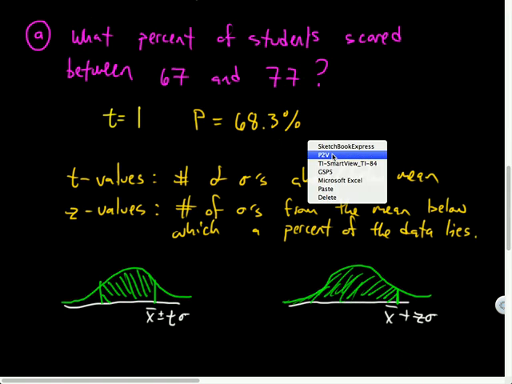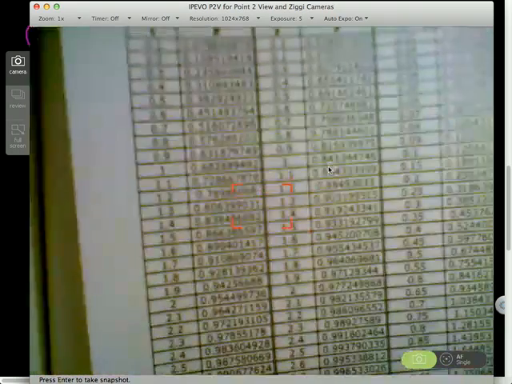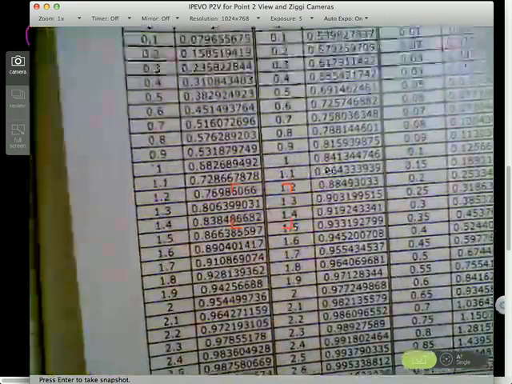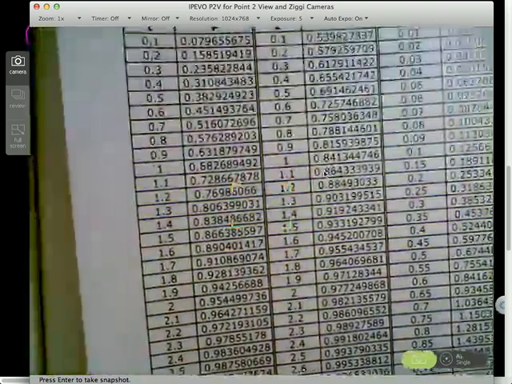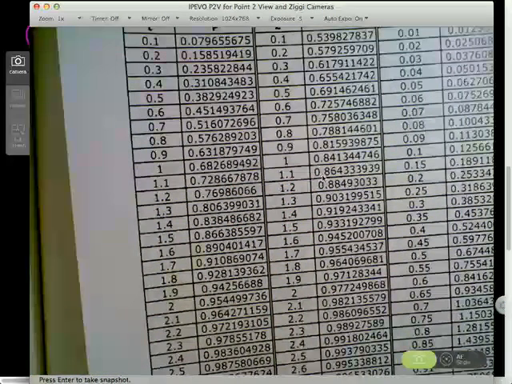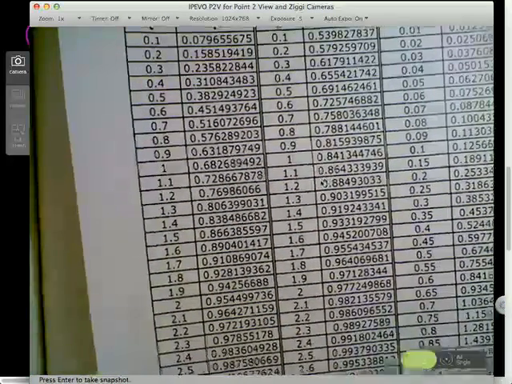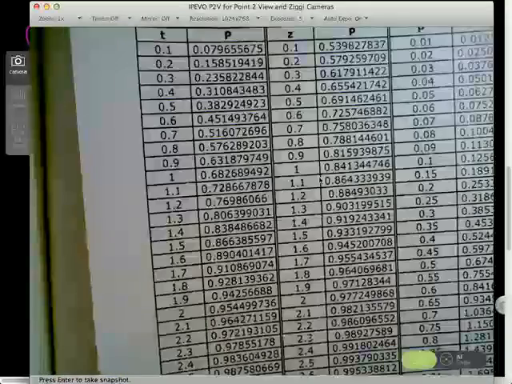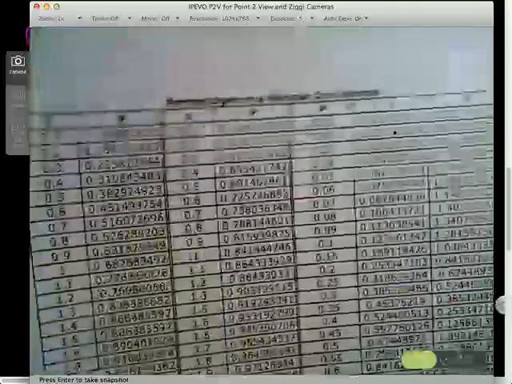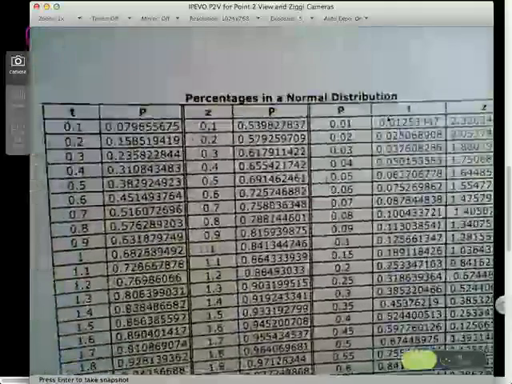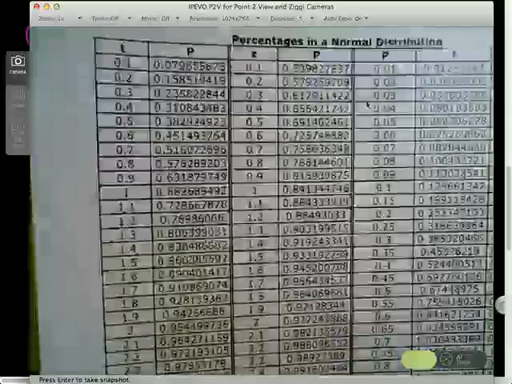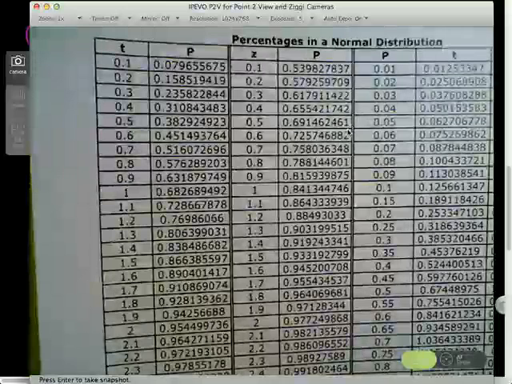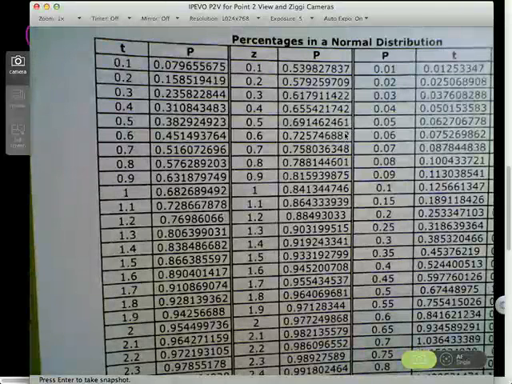And on our chart that I just made available to you guys, your book has a little chart as well, by the way. I created this myself in Excel. It is found in your text, a portion of it on page 919. However, this chart has way more detail. So it says percentages in a normal distribution. So I had to analyze my problem and realize we were in an about the mean situation, because we were above and below.